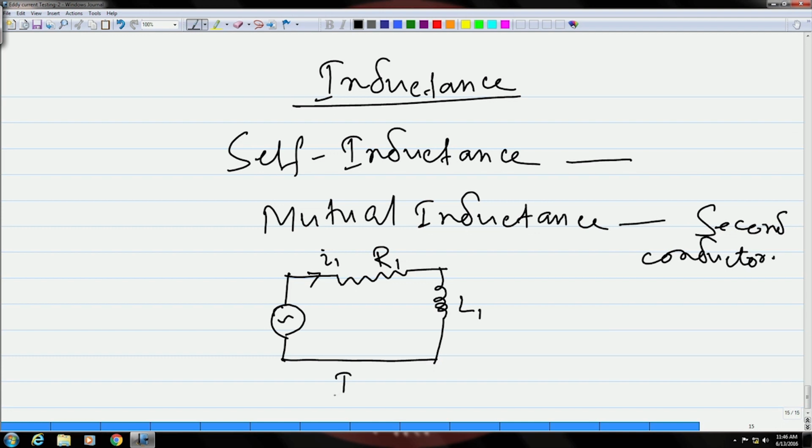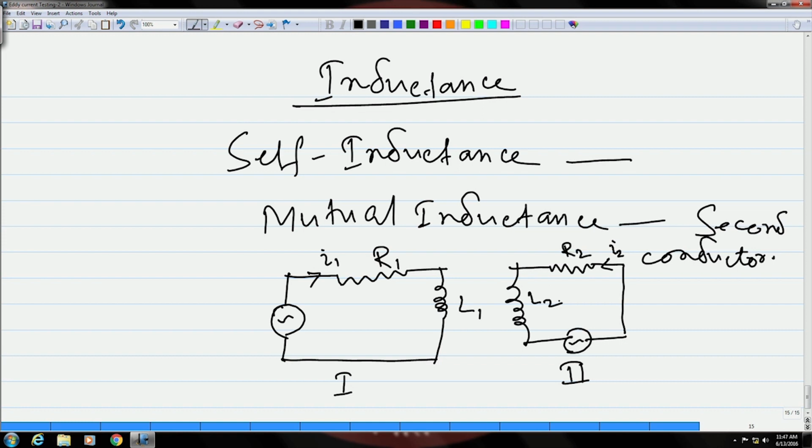So, this is circuit 1 or conductor 1, and if you bring another conductor close to it, let us say that is carrying a current I2 through this R2 and L2.